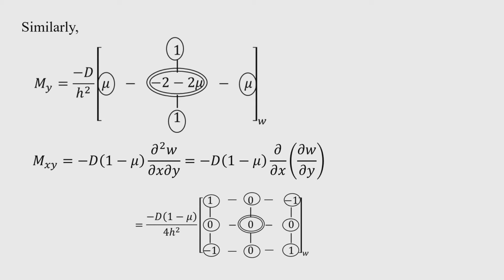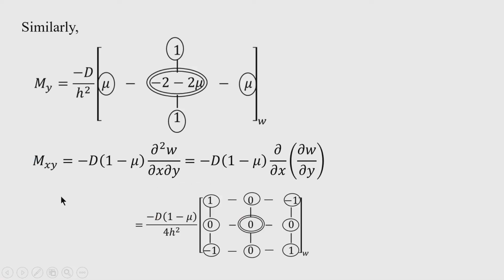Therefore, this m x y has to be known for shear problems, especially the shear buckling problem. I mean the mixed derivative should be known for shear buckling, and also the m x y and the shear force, q x or q y, have to be combined to give Kirchhoff's edge shear.